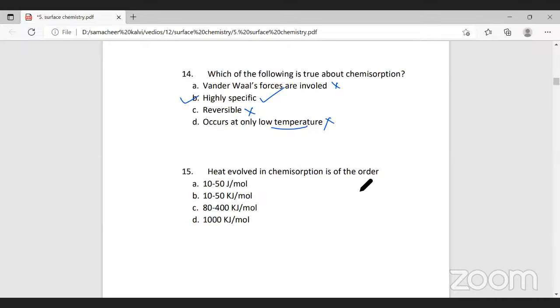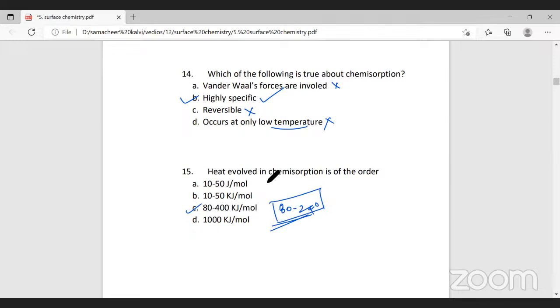Heat evolved in chemisorption is of the order 80 to 400 kilojoules. Normally 80 to 240 kilojoules, they say, but it is around 80 to 400 kilojoules.